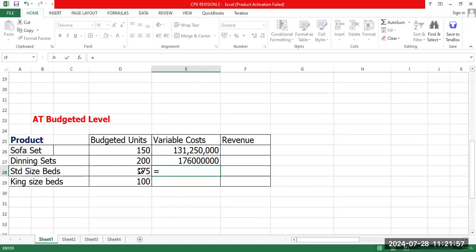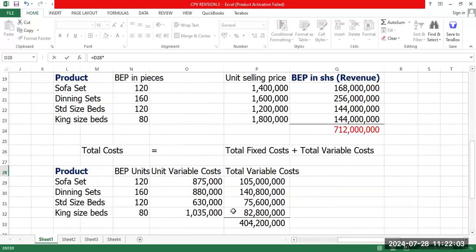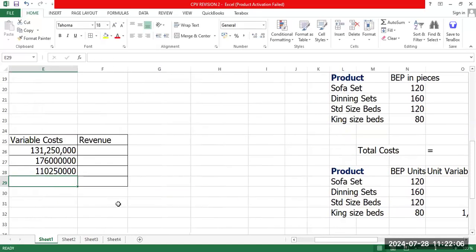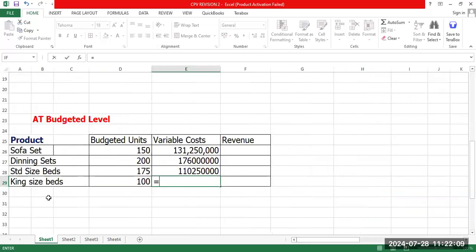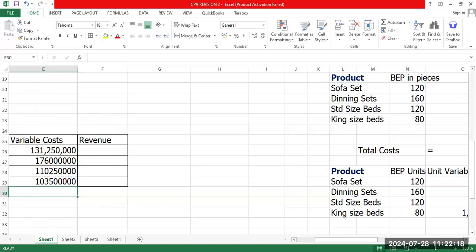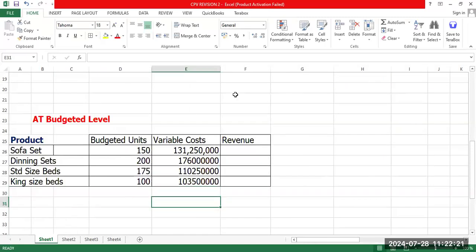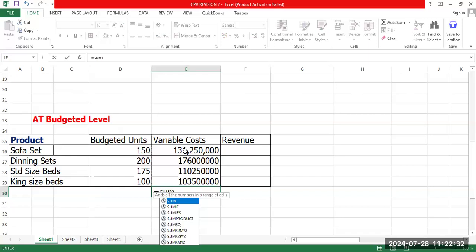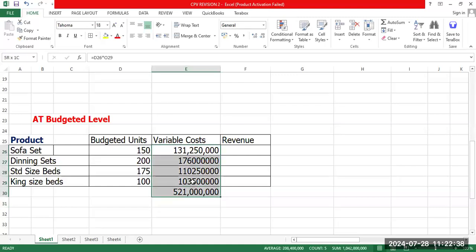Then we also get this times unit variable cost for standard size beds. Then for king size beds, 100 times the unit variable cost, which is this one. And I can get my totals by summing up, my total variable cost.